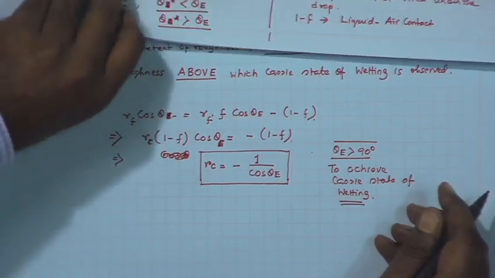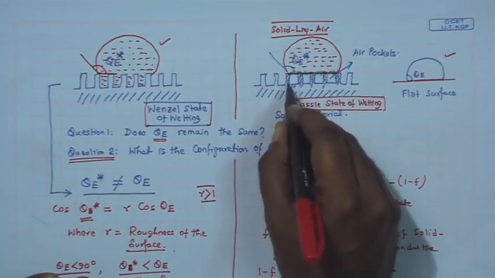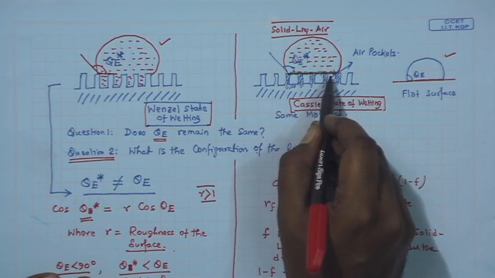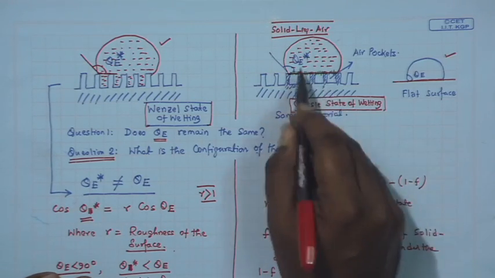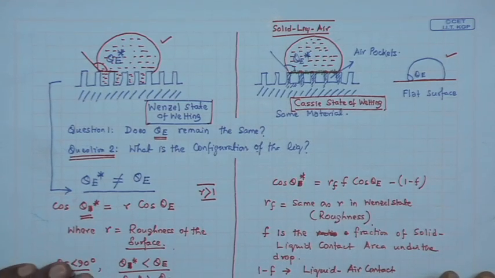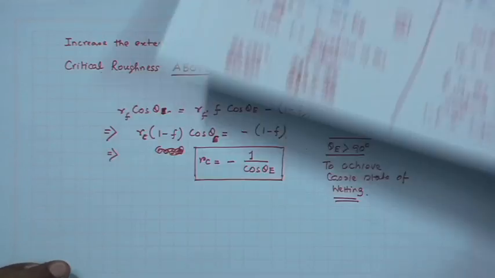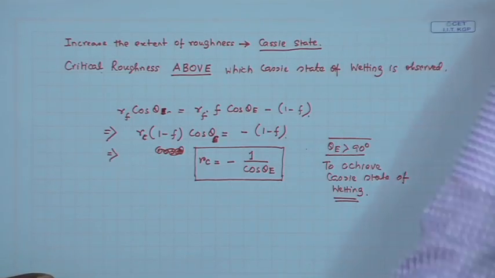What is the advantage? It is obvious that if you now tilt the surface, the adhesion, since there are air pockets, is going to be less, and therefore, the drop is going to get dislodged easily if the wetting state is Cassie. And that is one of the requirements of a super hydrophobic surface.